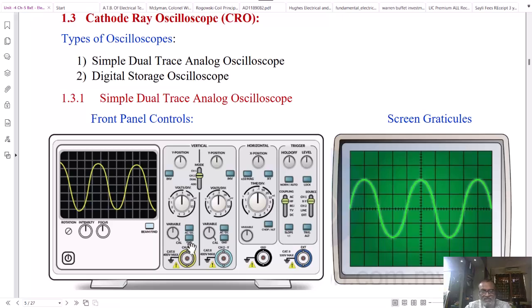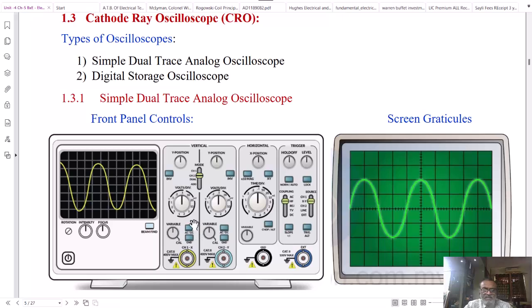When the ground switch is pressed, the signal is internally grounded. So the external signal will not reach the internal input of the oscilloscope. Rather, the input is internally connected to a zero potential called ground, and therefore a horizontal straight line will be displayed.